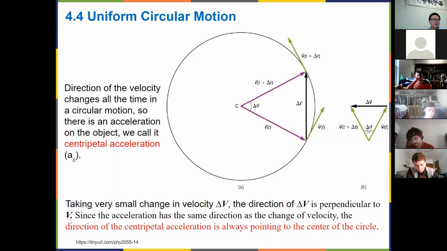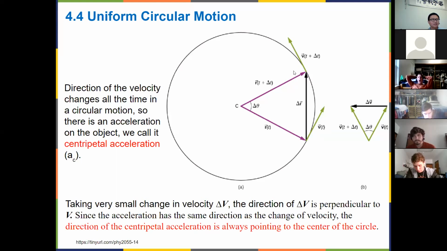Because for a uniform circular motion the velocity is perpendicular to the position vector, r of t and v of t are perpendicular to each other, and r of t plus delta t and v of t plus delta t are perpendicular to each other.